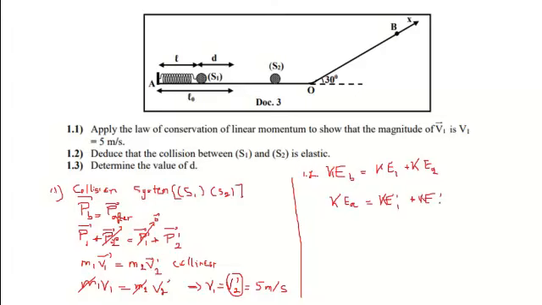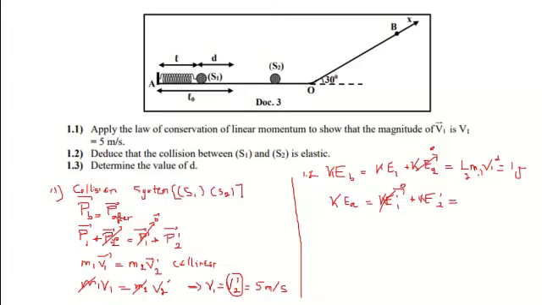Knowing that before the collision KE2 is equal to 0, it was at rest, S2. And after the collision KE prime 1 is equal to 0 because S1 is at rest. Then we have half M1 V1 squared, and we already have the values, so it is equal to 1 joule.